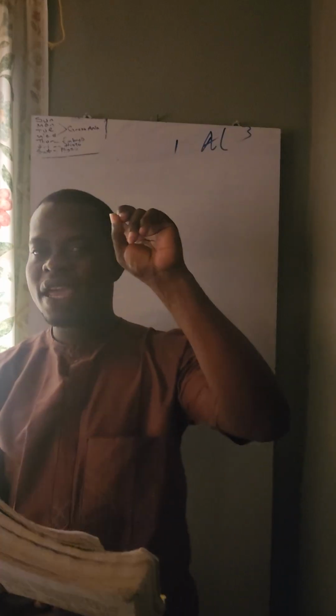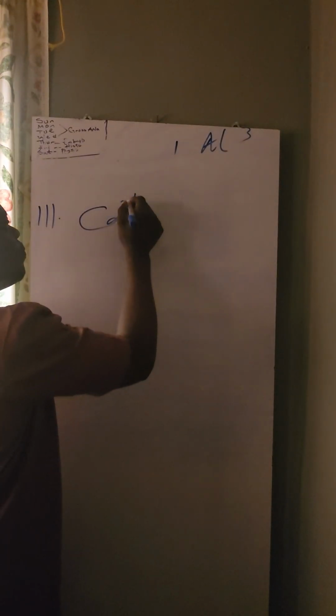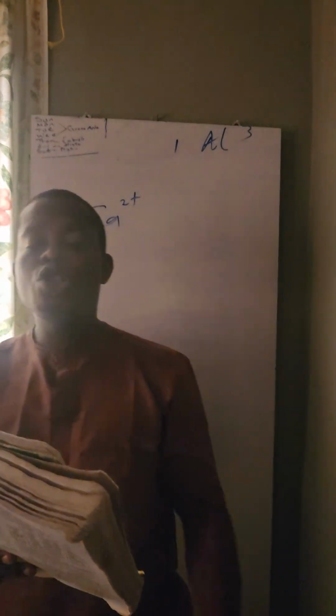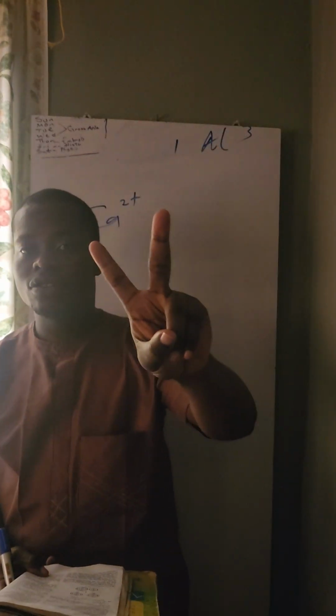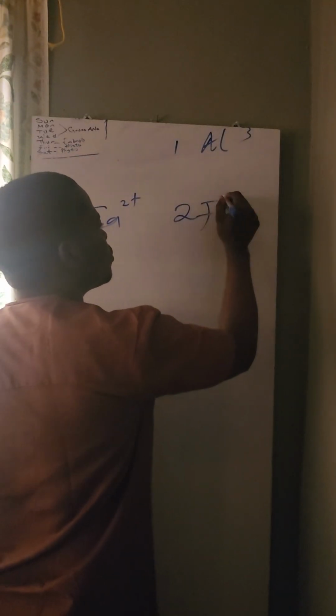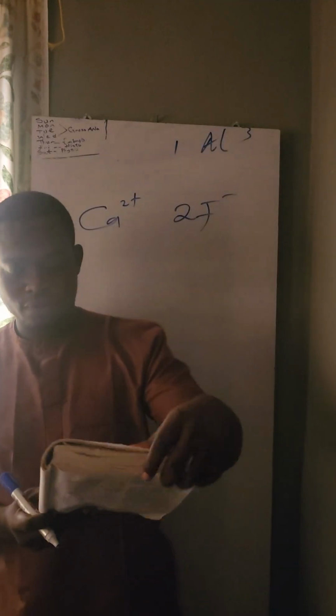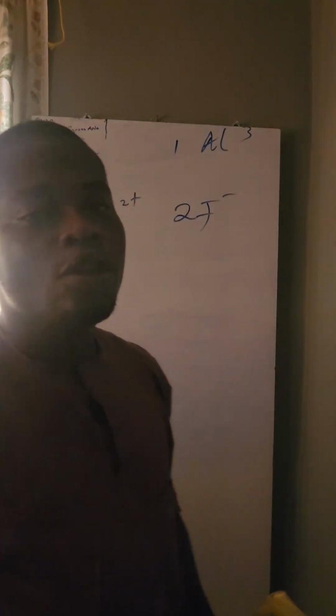One calcium ion, after writing the ion, write Ca2+. One calcium ion combines with 2 fluorine ions. After the fluorine ion, write 2F minus. One calcium ion combines with 2 fluorine ions to form what? Calcium fluoride.